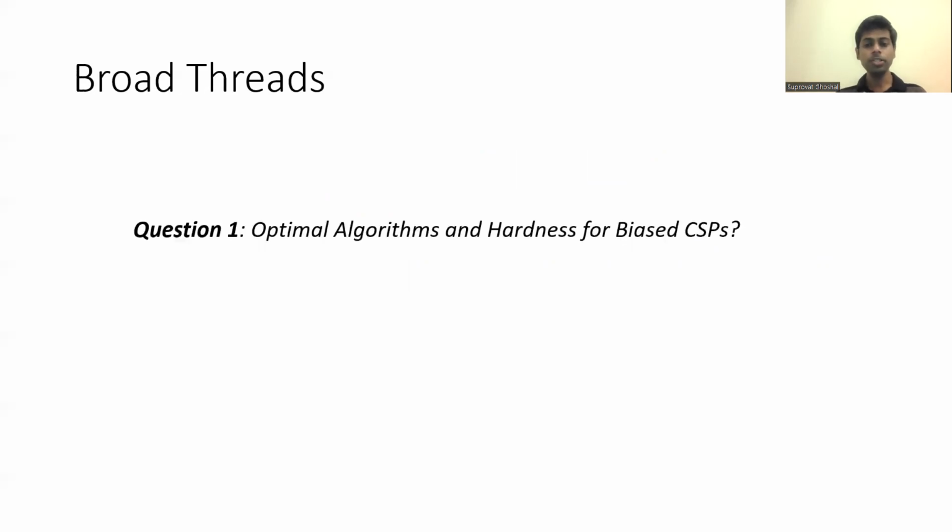So the first question is, while our current work gives bounds which are matching up to multiplicative constants for a fixed arity, we don't exactly have matching bounds once we take the constants and the dependence on arity into account. So of course, the holy grail here would be to understand optimal algorithms and hardness for every biased CSP.